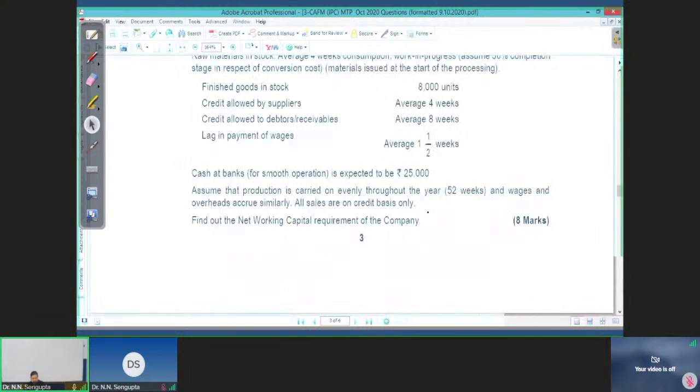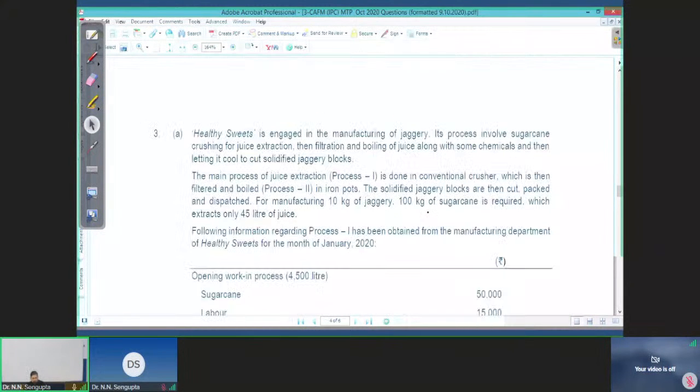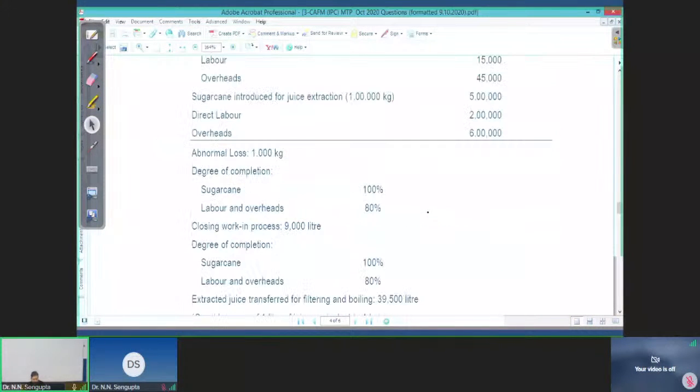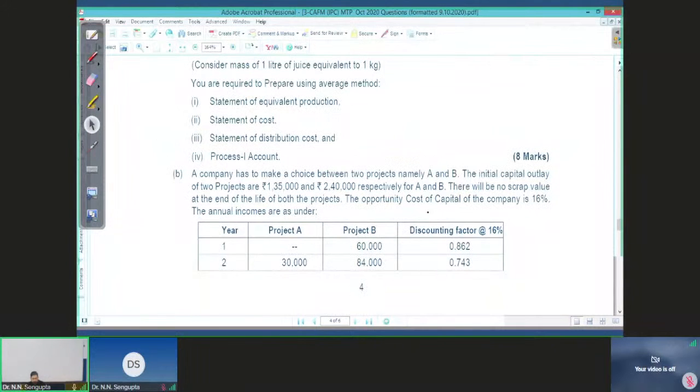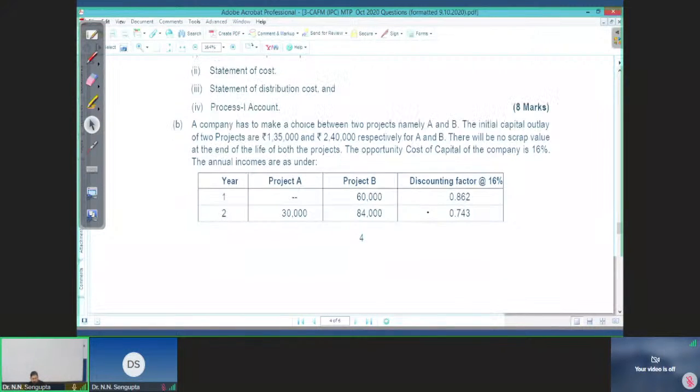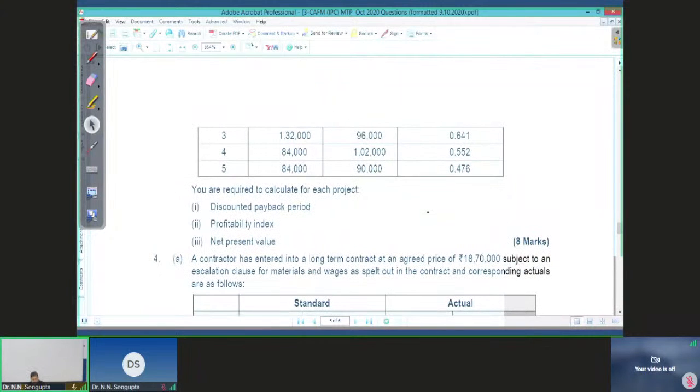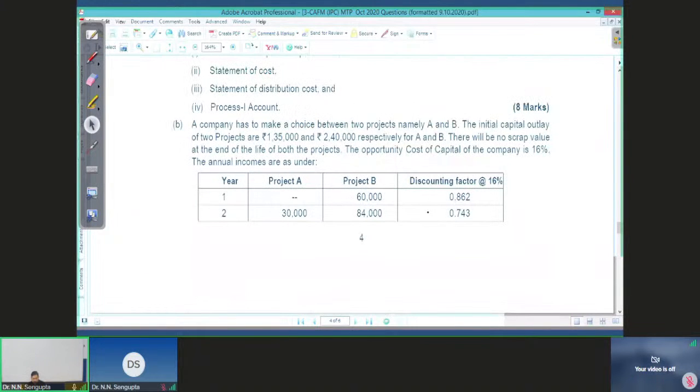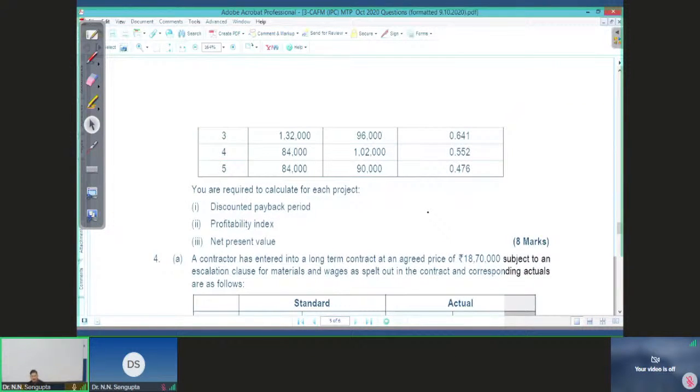This is also a new question. Healthy Sweets is a new question which has come, prepared by the BOS. Then the next question is of cost of capital, capital budgeting, investment decision. There are two projects, project A and project B, and you are required to calculate, for each project, the discounted payback.